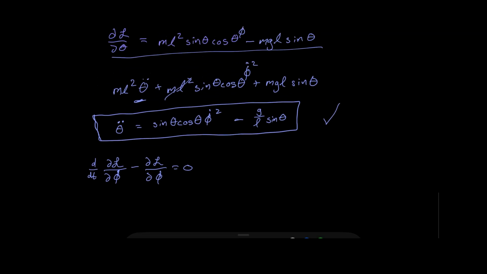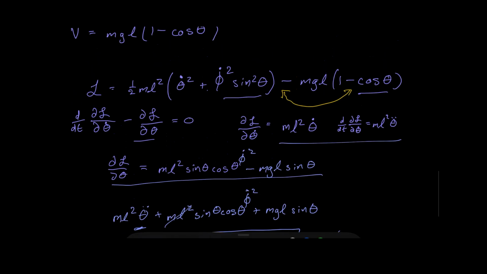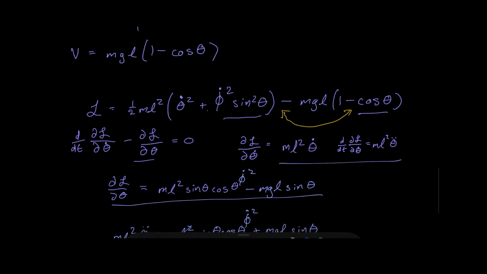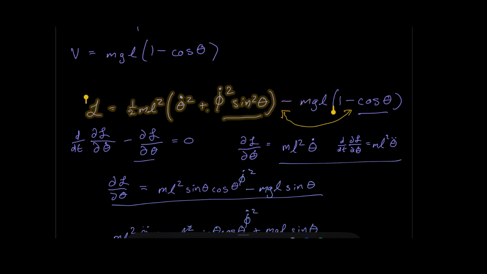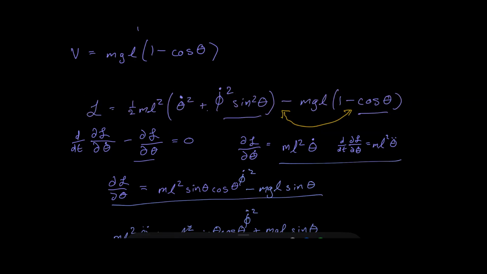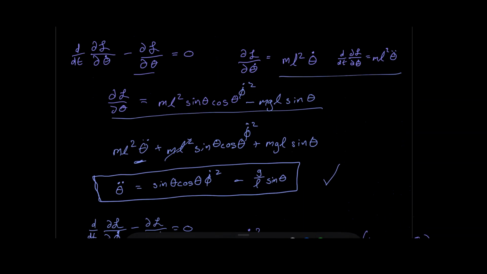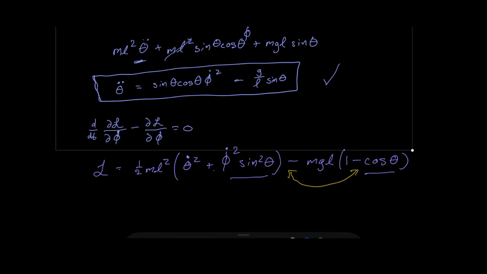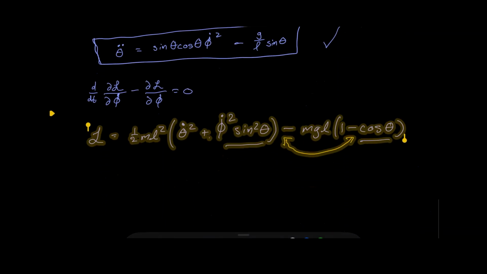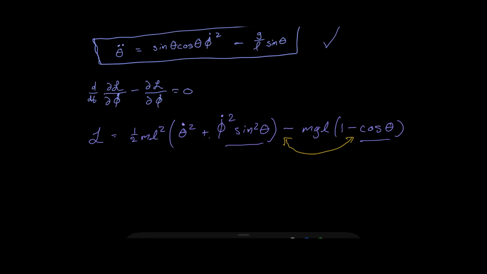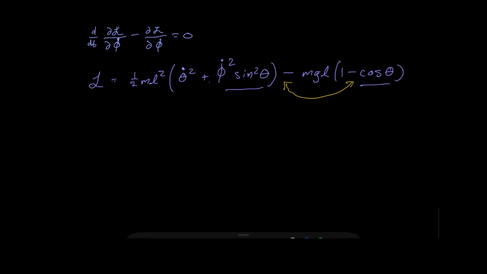All right, and so differentiating this, let's take our Lagrangian again. See if I can move this. Let me move this whole thing down here. Okay, great. Just so I can see it.